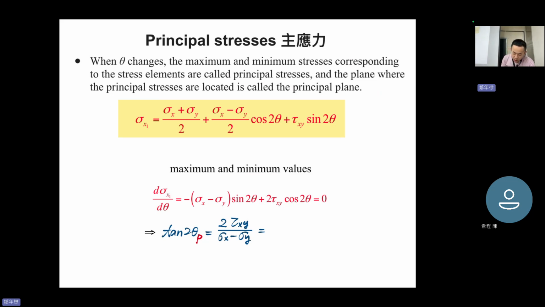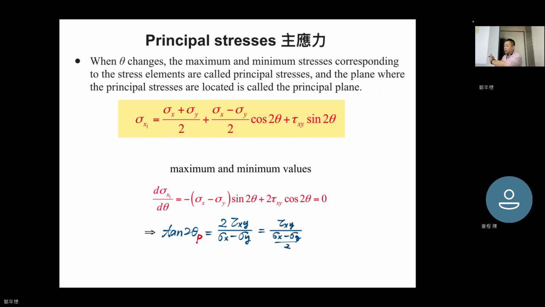Okay, and now further to make this formulation more close to what we learned in the formula, actually we prefer to write it down like this: tau xy divided by (sigma x minus sigma y) divided by 2. Okay, we prefer like this because it looks similar here, right? Tau xy, kind of similar, right?